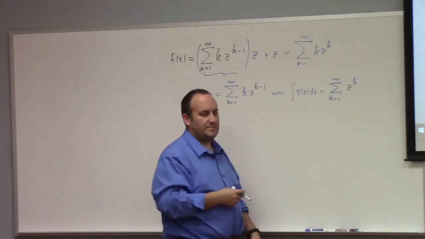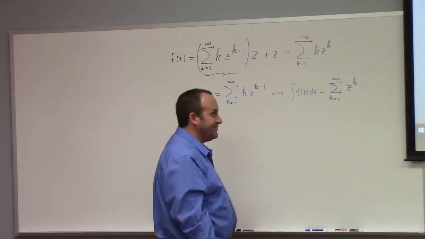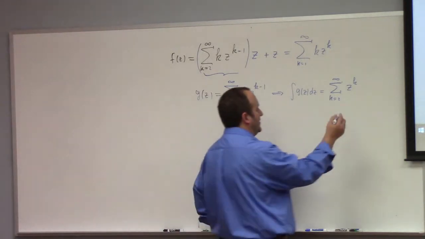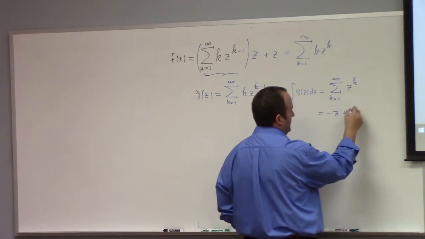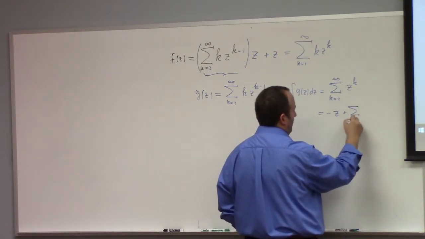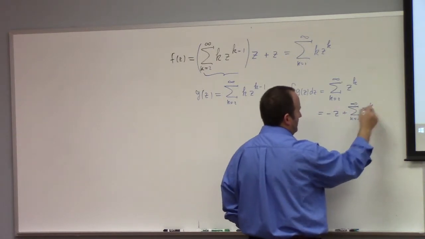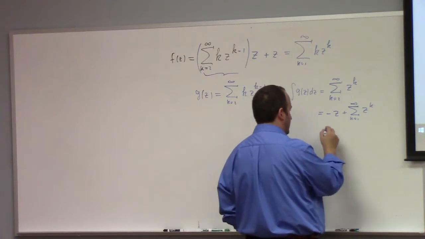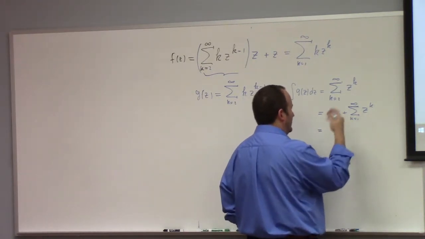See, now I need to... curses. This would be minus z plus the sum k equals 1 to infinity of z to the k, right? Why don't I just not be a dummy?